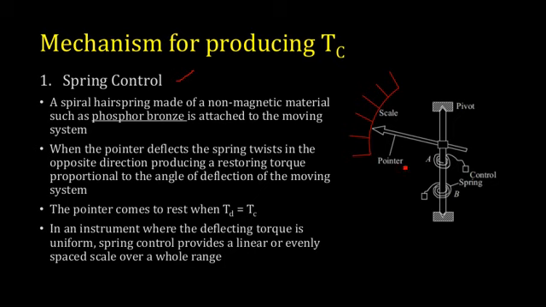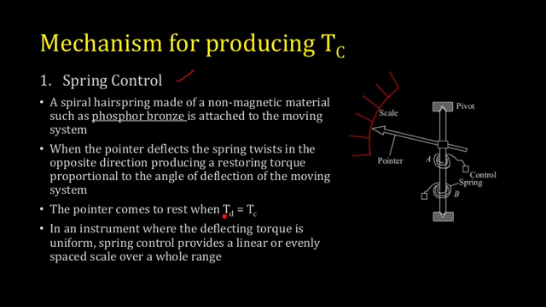This compression of the spring produces a force which is opposing the deflection force. Once the deflection force is removed, the stored energy in the spring is released and the pointer is brought back to the initial position or zero position.